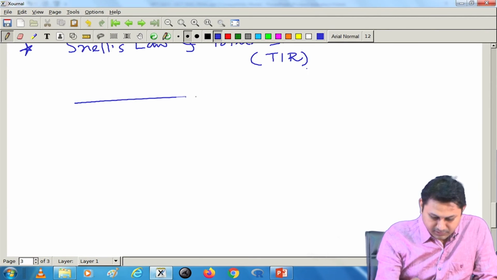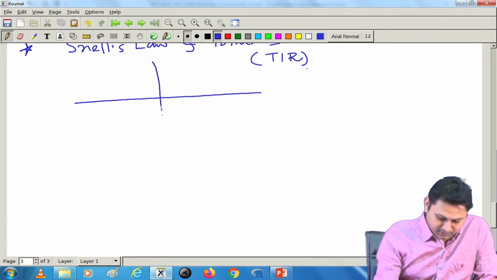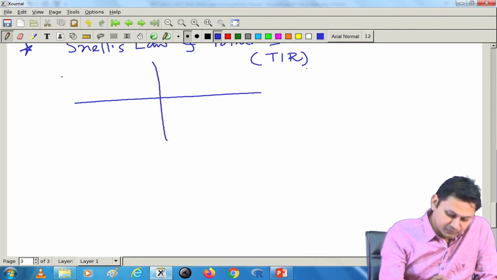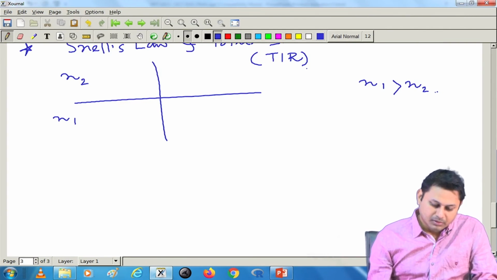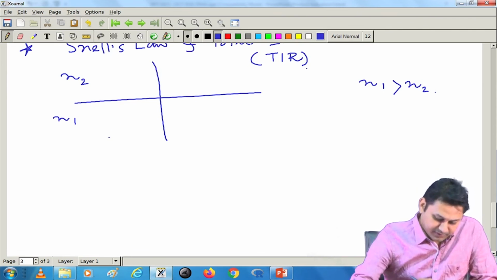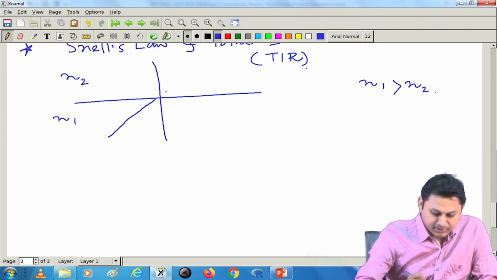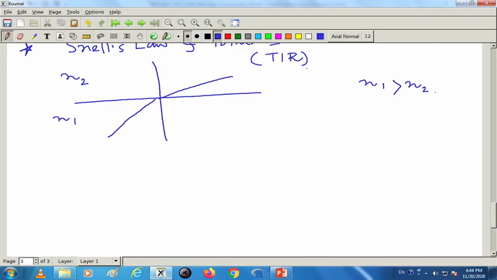So, suppose we have two media, one is N2, another is N1, such that N1 is greater than N2. In such a medium, if a light is coming in this way, it is refracted in this way.